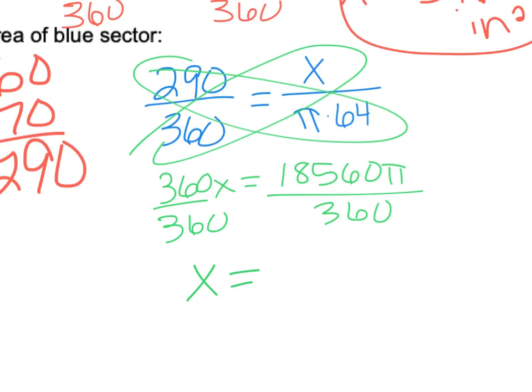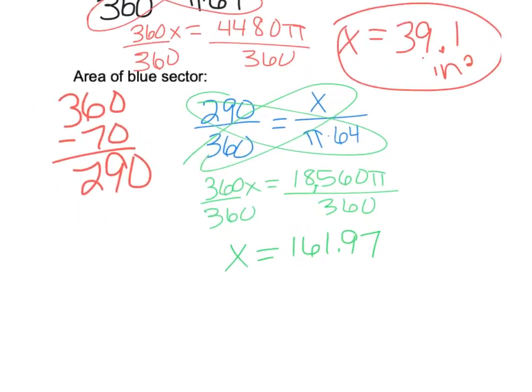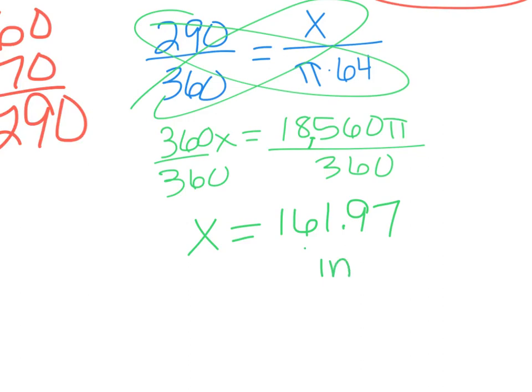If I take 18,560 times pi divided by 360, I get 161.97. What are we in? We are in inches, so that would be inches squared.